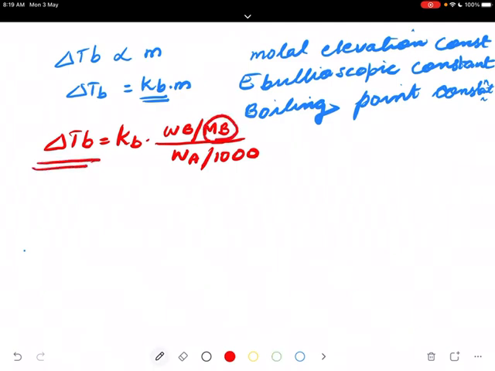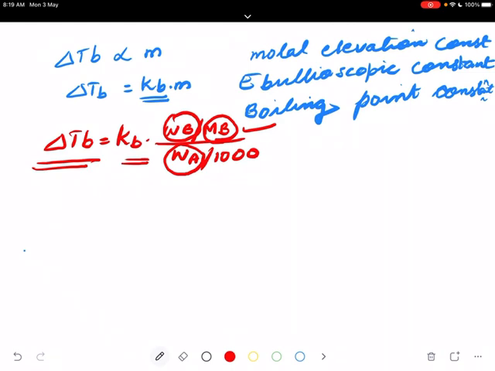Delta Tb you can find out by the experiment. Kb will be given to you. Wb you are taking. Wa you are taking. So Mb you can find out. So this is utilized to find out the molar mass of the solute.